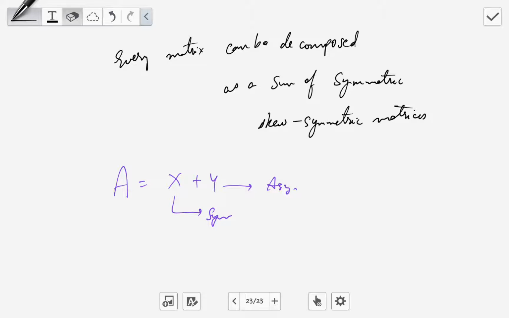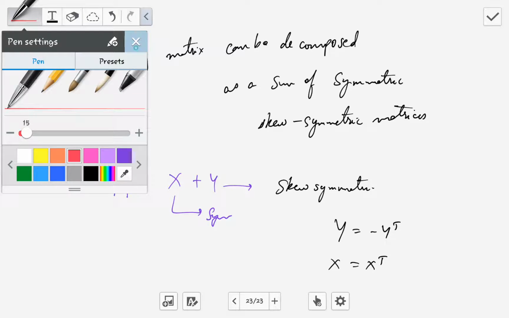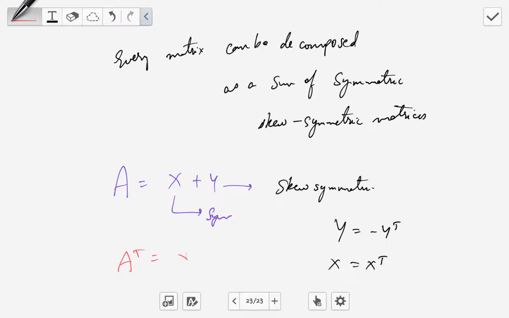Skew symmetric means y is equal to minus y transpose. Symmetric means x is equal to x transpose. Now I'll have A transpose is equal to x transpose plus y transpose. Using these two, x transpose is the same as x and y transpose is equal to minus y.